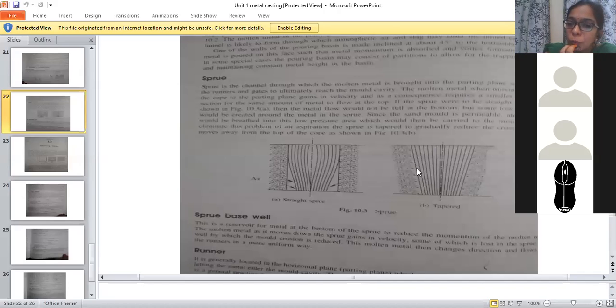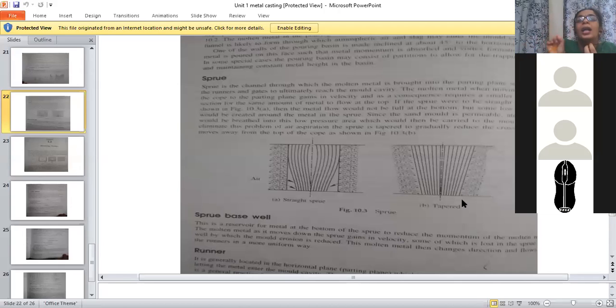Here the sprue is in contact with the sand, and the sand has moisture content. So the moisture content will be in touch with the molten metal. The air with the moisture will start traveling from the sand to the walls of the sprue. This traveling of the air will create a pinhole, which is a defect. So you should not have aspiration.